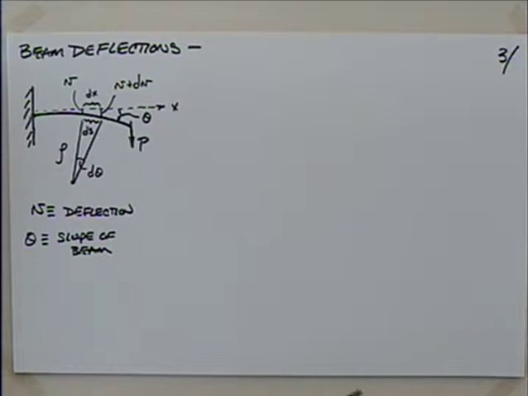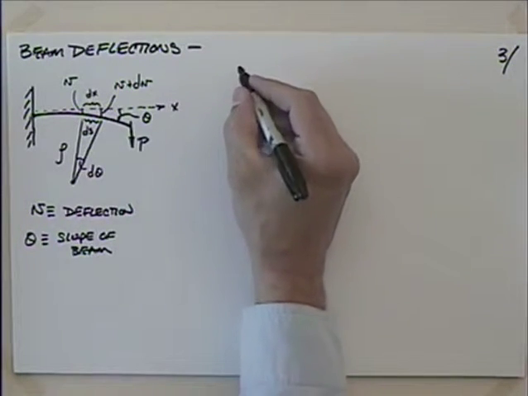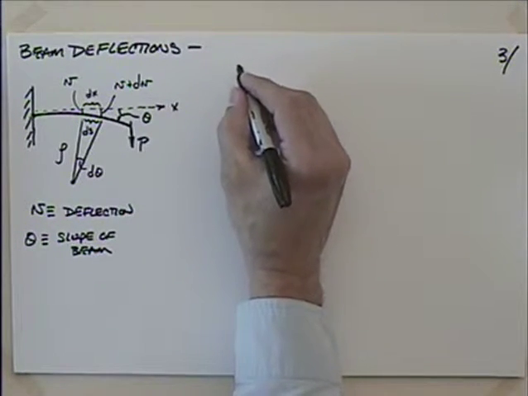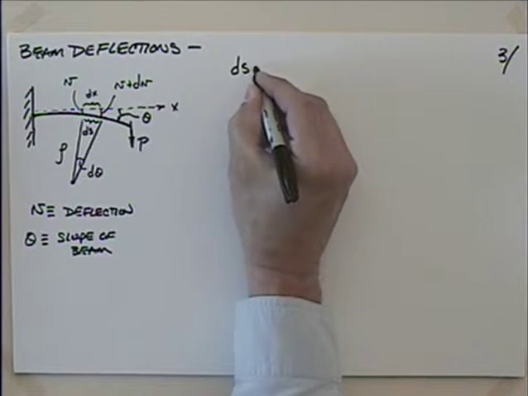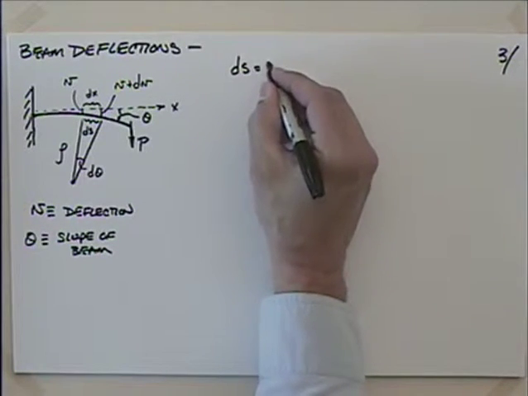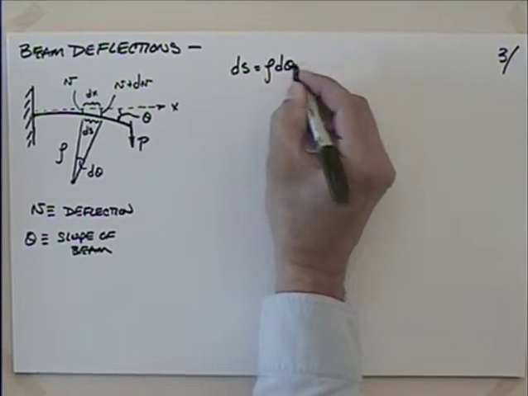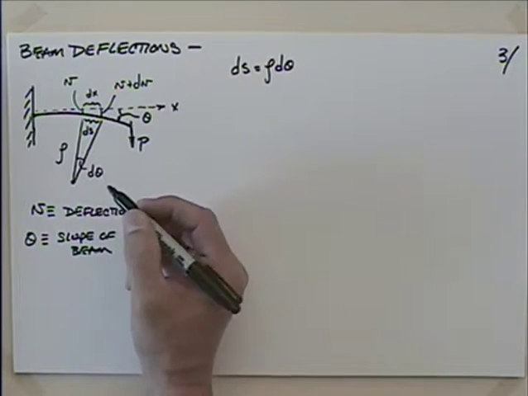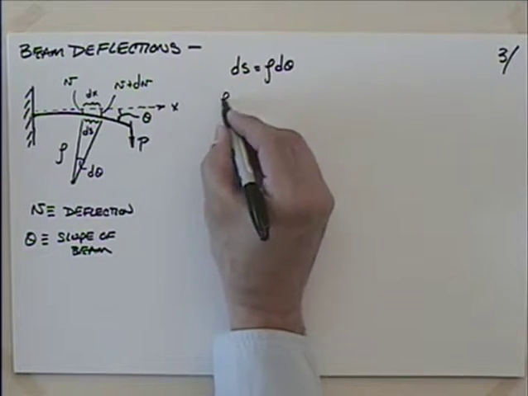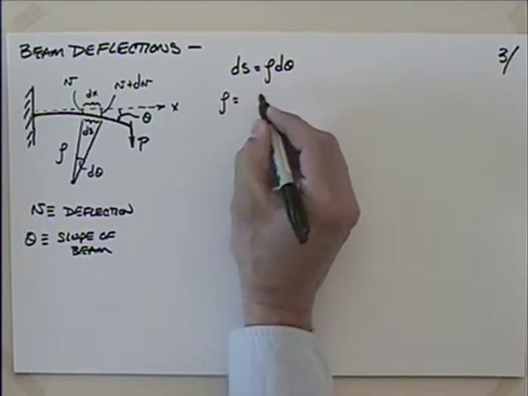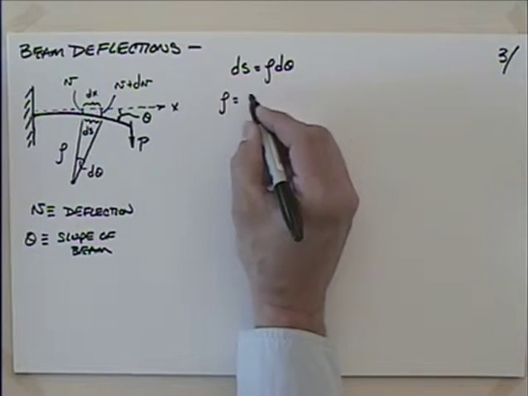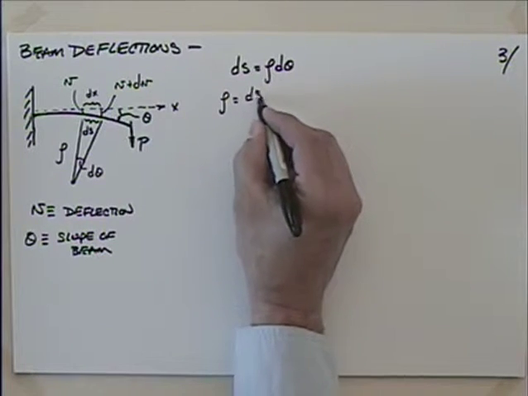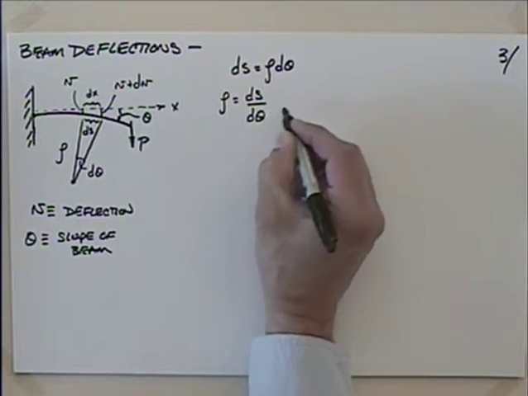Okay, so let's make some observations here. If I want to talk about ds, that arc length, I could say that that's equal to rho times d theta, right? If d theta is in radians, I multiply that by rho, that gives me the arc length there. So solving for rho, because oftentimes rho is hard to find, so I want to solve for it, rho is equal to ds divided by d theta.